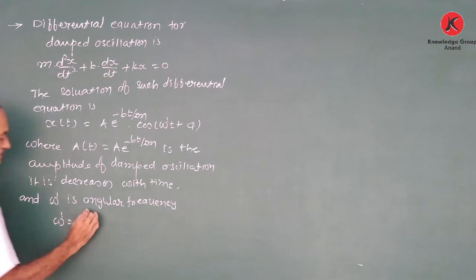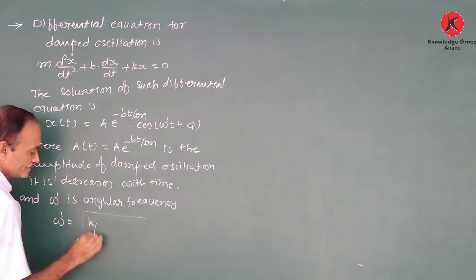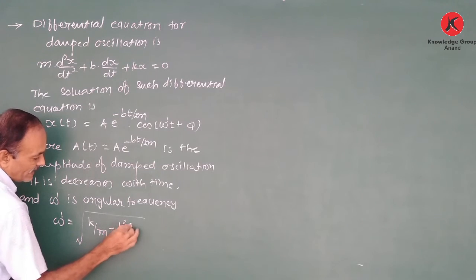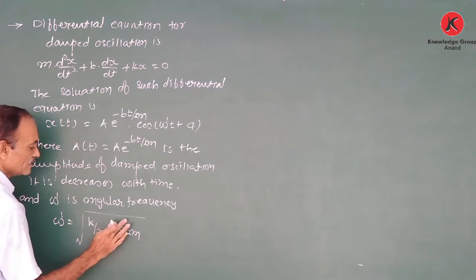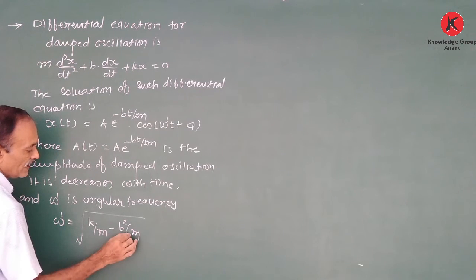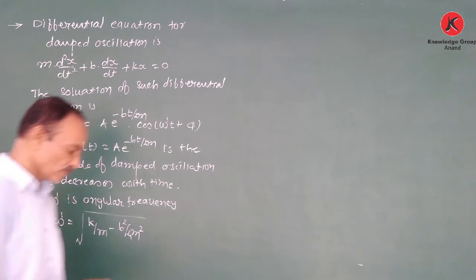Omega dash is equal to square root of k upon m minus b square upon 4m square. So these are the constants. That is the amplitude and that is the angular frequency of the damped oscillation.